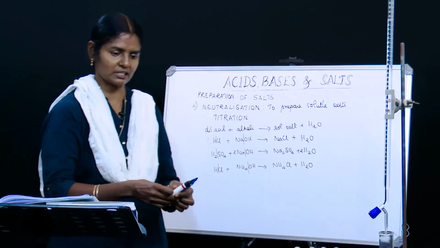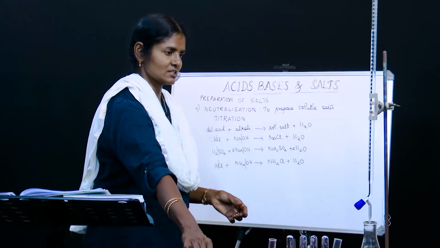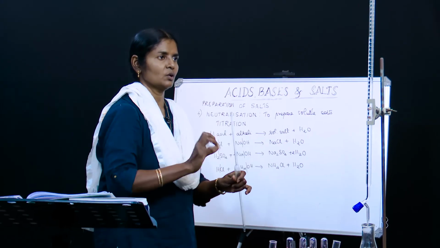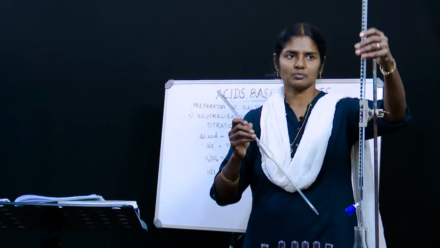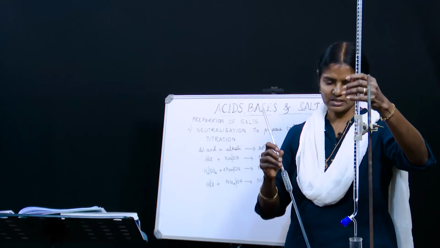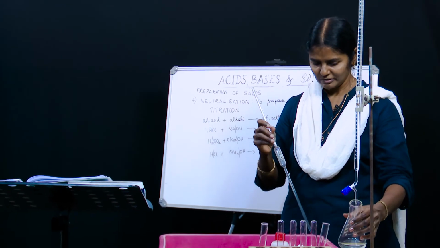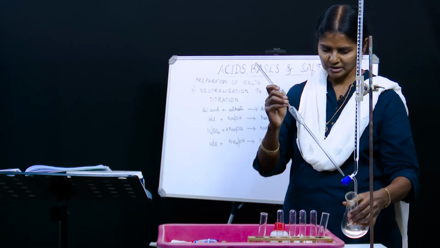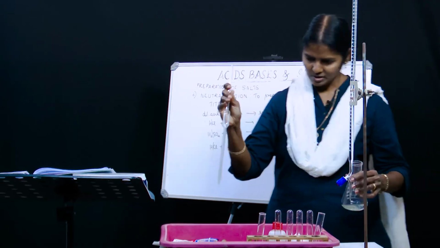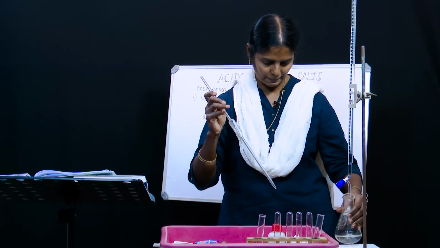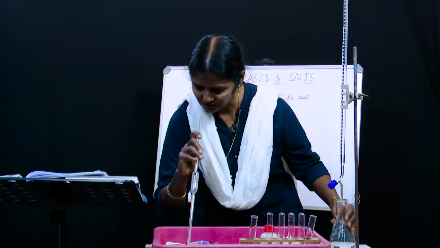Now how to do this is by way of titration, where we take this, called the burette, and fill it with acid, and this is called the conical flask. Now I have pipetted out some of the base into this, okay, like this.